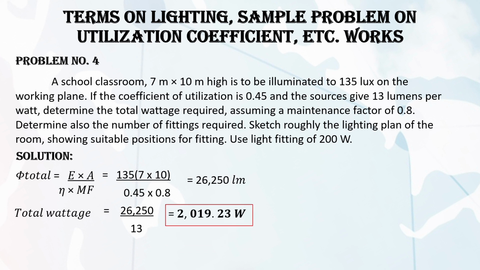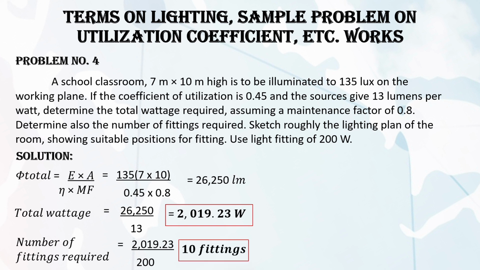So since atong gipangita kay number of fittings required man, so ang kining atong answer sa total wattage ato ning i-divide og 200 since kung makabantay mo sa last sentence, use light fitting of 200 watts man kuno. So to eliminate also the unit of watts, mo nang fittings na lang hibilin. So therefore, number of fittings required is equal to 2,019.23 divided by 200. And the final answer will be 10 fittings.